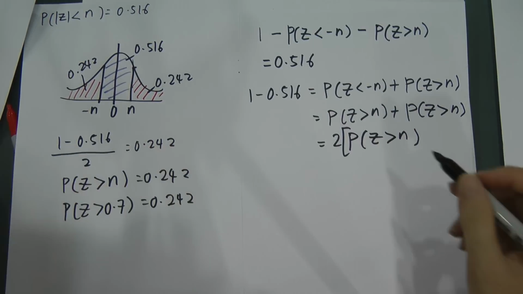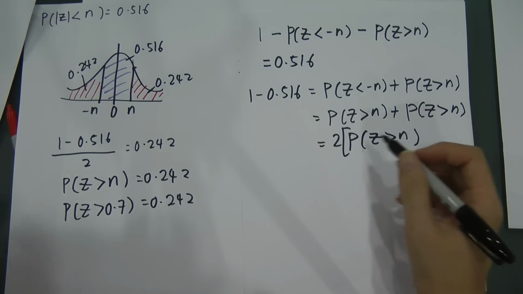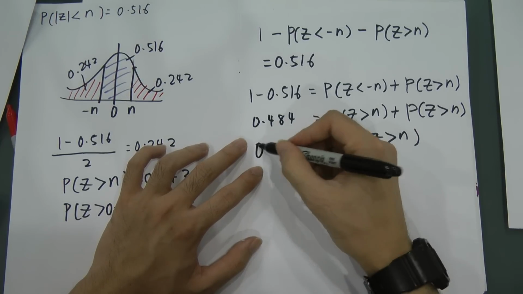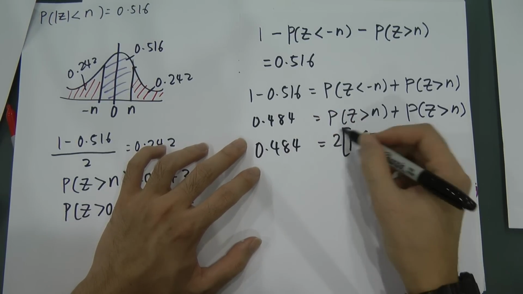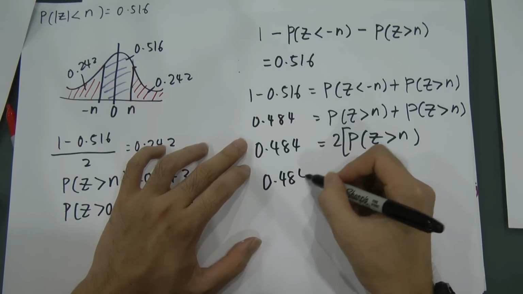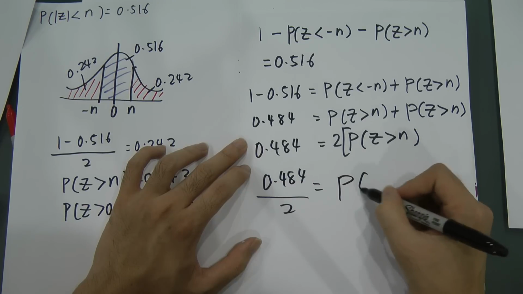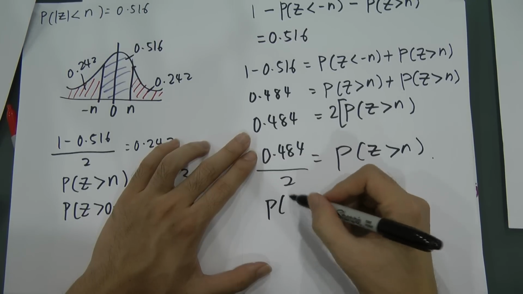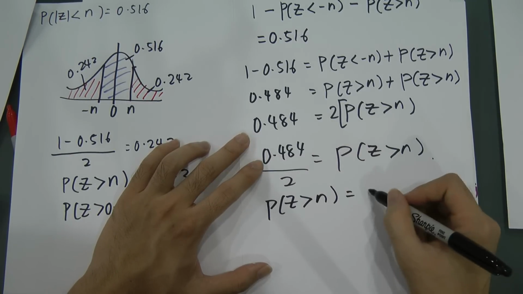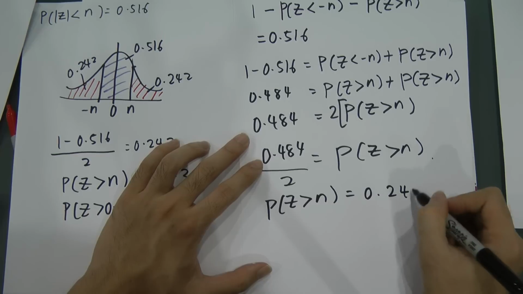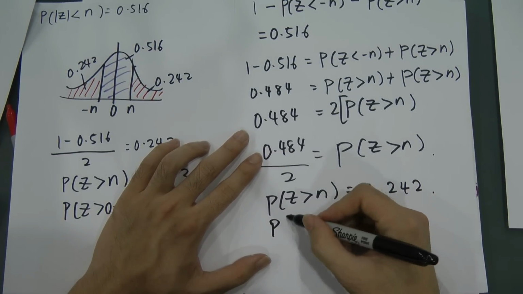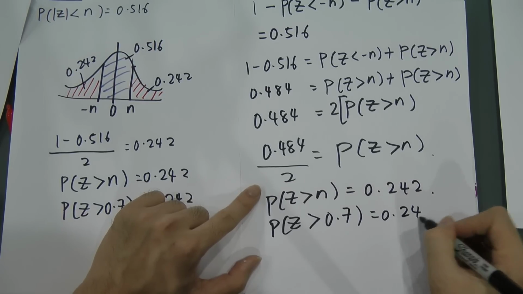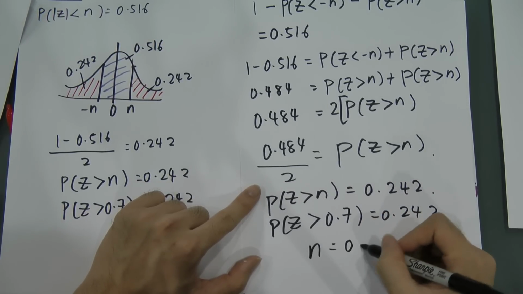Here I will get 0.484, and then this one is 0.484 also. I move the 2 here, so it will be 0.484 divided by 2. I can get probability z bigger than n. Therefore, probability z bigger than n is equal to 0.242. Therefore, when probability z is bigger than 0.7, I will get 0.242. Therefore, n is equal to 0.7.